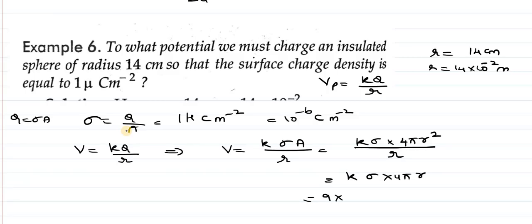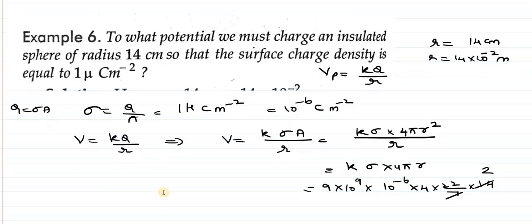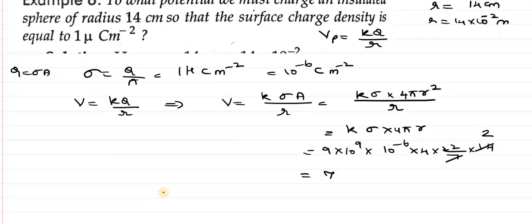What is the value of K? 9 into 10 to the power 9. Sigma is 10 power minus 6. 4 into 22 by 7 into 14. So this 2. So how much it is? 9 8s are 72 into 22 into 10 to the power 3. I hope I have calculated all the values.